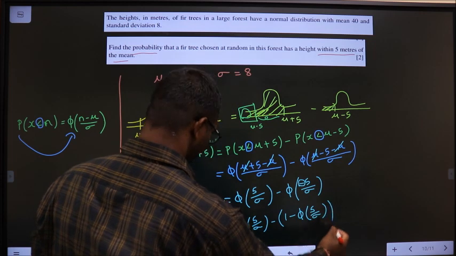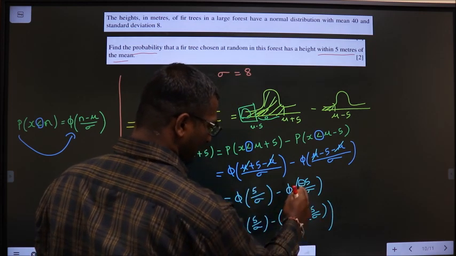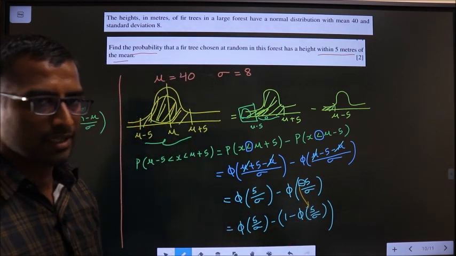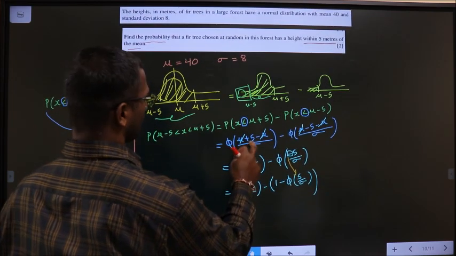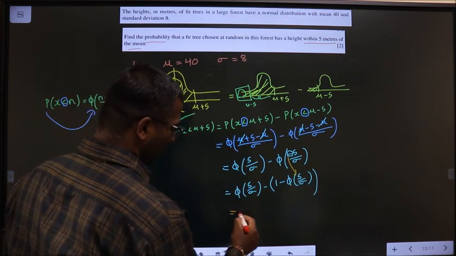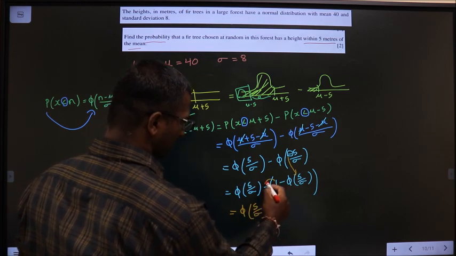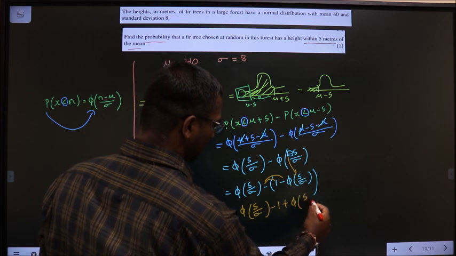Clear? See, whenever you are doing 1 minus, the negative will get converted to positive. Clear? Now open up the bracket in this way. So I get minus 1 plus phi of 5 by standard deviation.